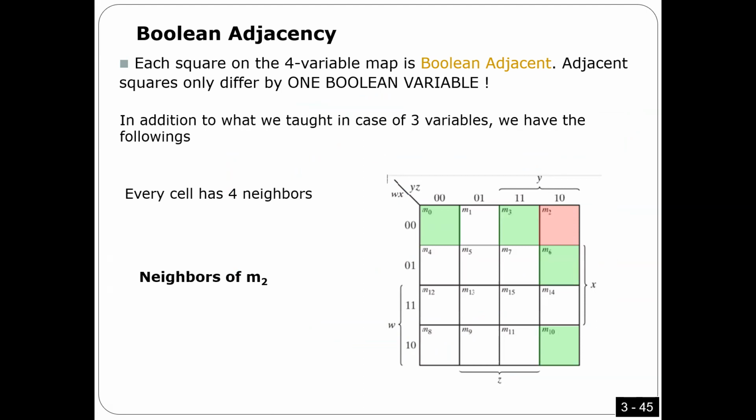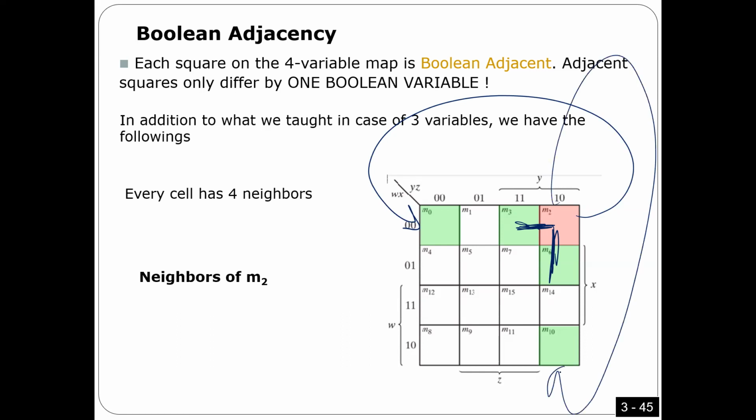For example, if you look at the neighbors of M2, for sure we have a vertical neighbor and a horizontal neighbor. Also, this one is a neighbor to this one, similar to 3 variables. What is new now? This one also is a neighbor to this one.